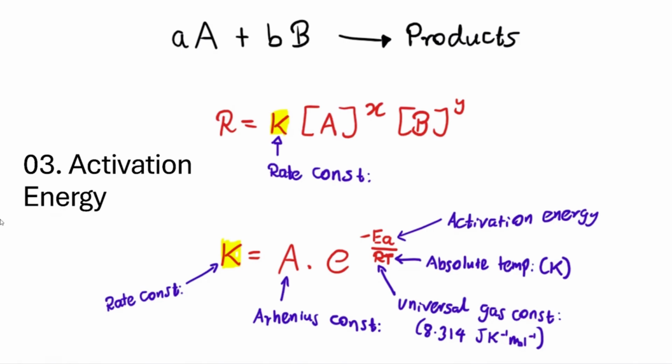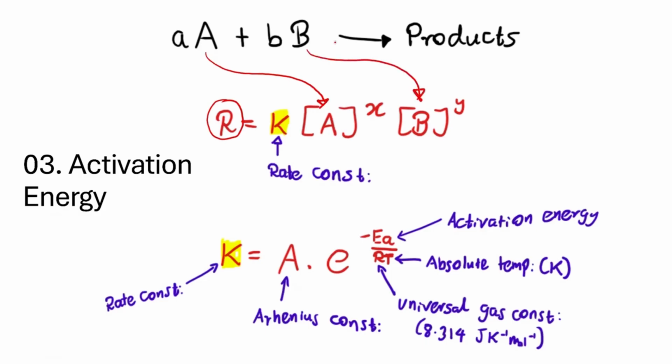Let's go back to what we learned about chemical kinetics. When you take a chemical reaction, the rate of the reaction is equal to the rate constant times the concentration of the first reactant to the power x, which is the order with respect to the concentration of A, and the concentration of the second reactant to the power y.